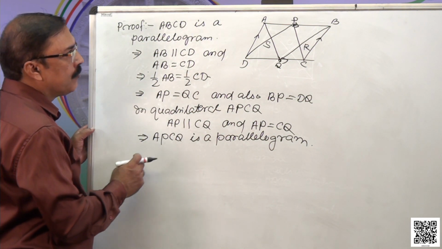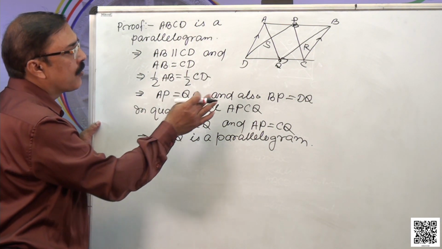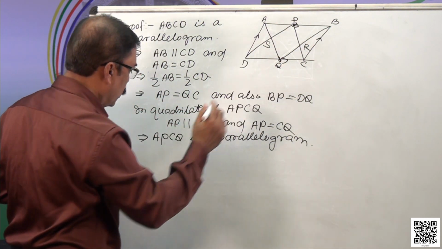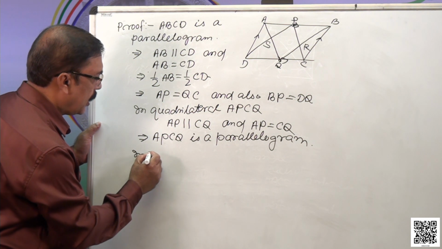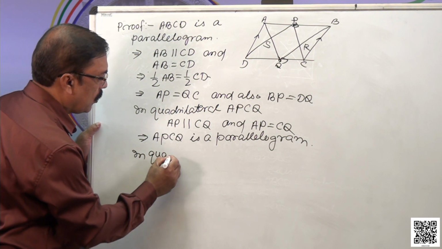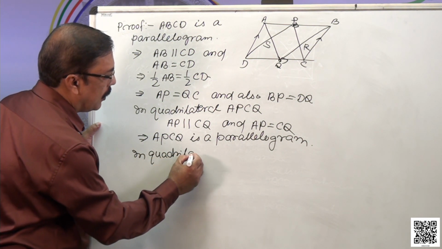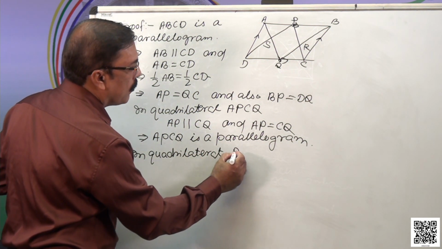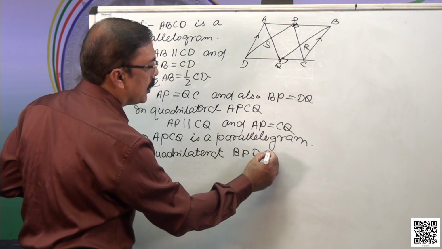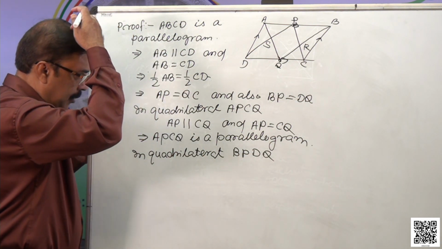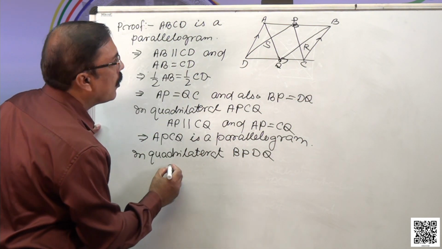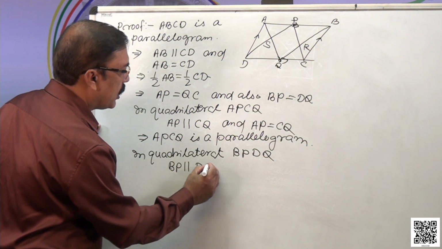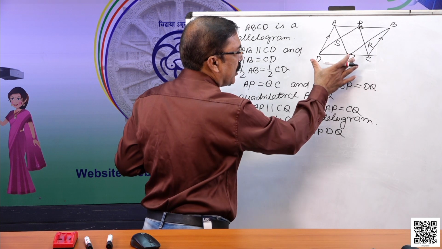Again, in the other quadrilateral, that is BPDQ, in quadrilateral BPDQ, BP is parallel to DQ as part of AB and CD.